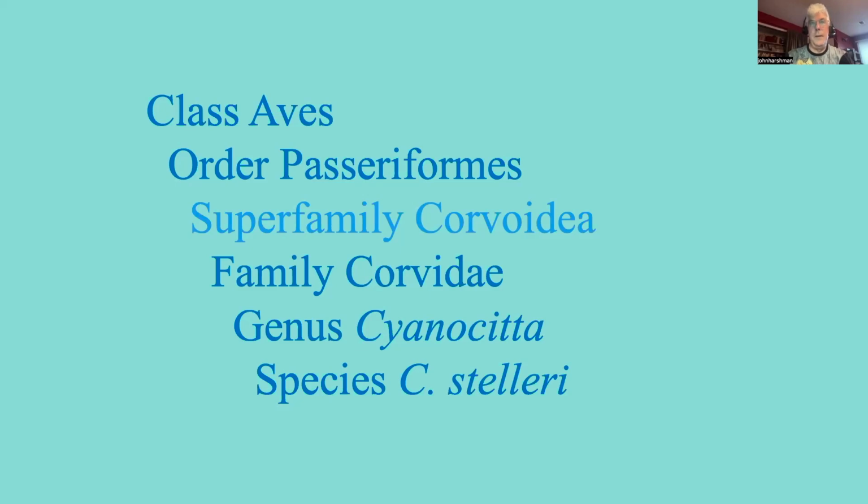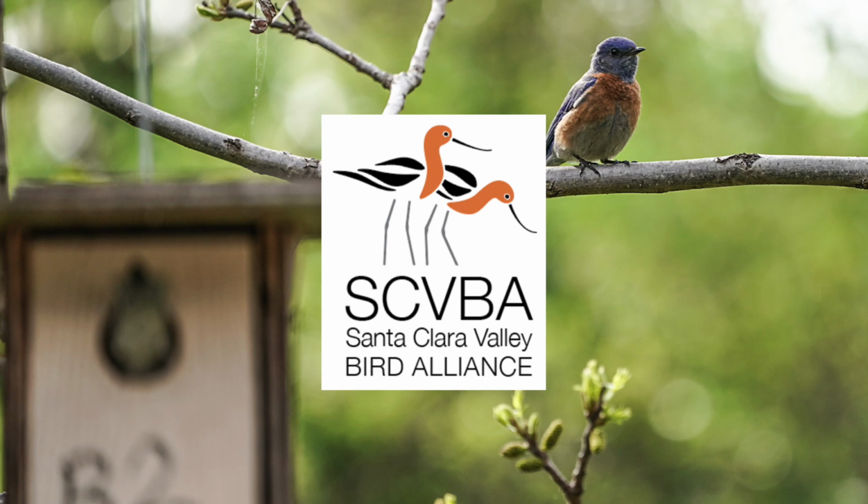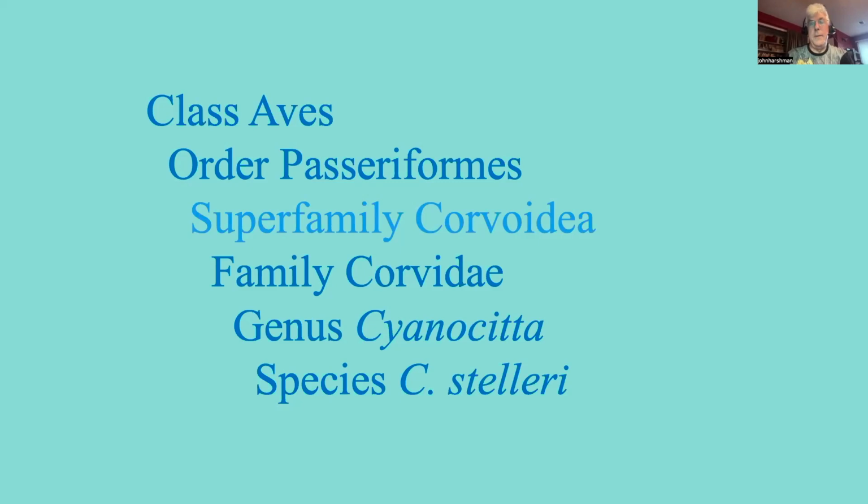Superfamily Corvoidea is within the order Passeriformes. All superfamilies end in -oidea. Family Corvidae is within Corvoidea. All families end in -idae, pronounced various ways by different people, but I go with the classical pronunciation of - id. Within that, there are many genera, one of which is Cyanocitta, always italicized.